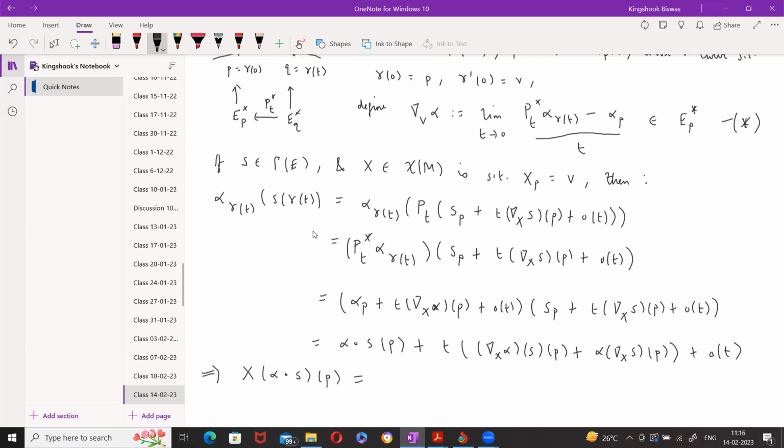So that will be exactly what we said: nabla X alpha acting on S at P plus alpha acting on nabla X S at P. Is this clear? So that's the Leibniz rule for this induced connection. Is it clear?